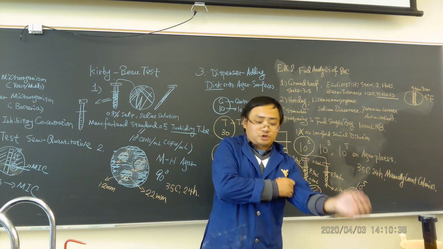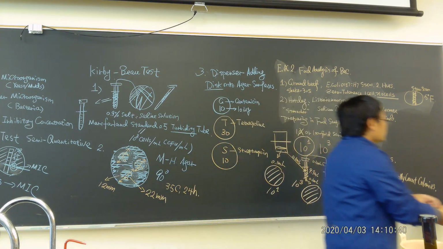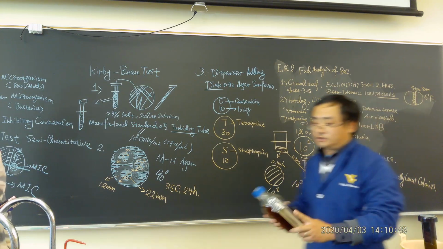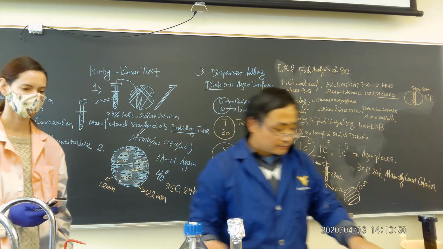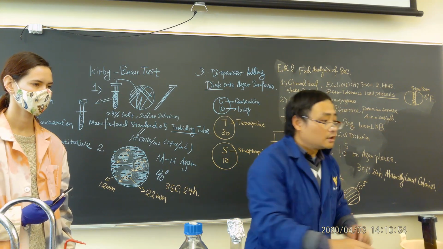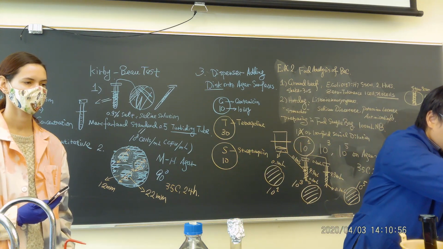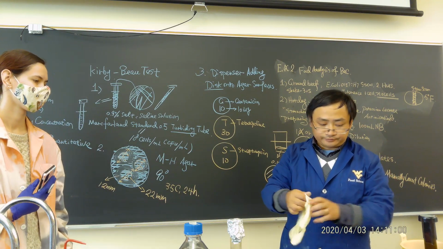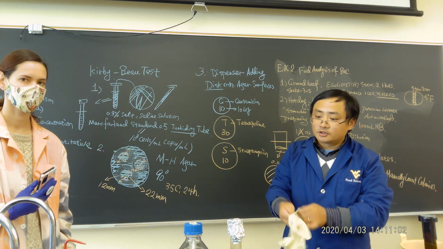Now I want to show you how we do that. I'll give you some examples. This is a nutrient broth, and I will wear the gloves. I have a new one. Okay, let's do these. Do you have a scissor?